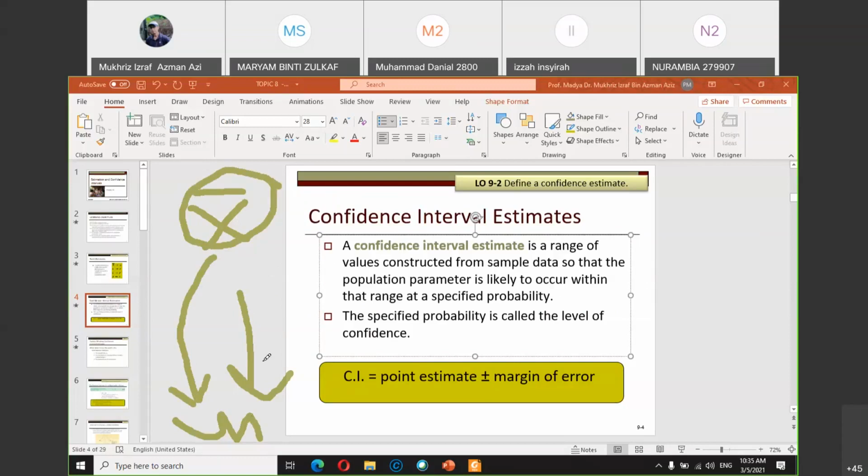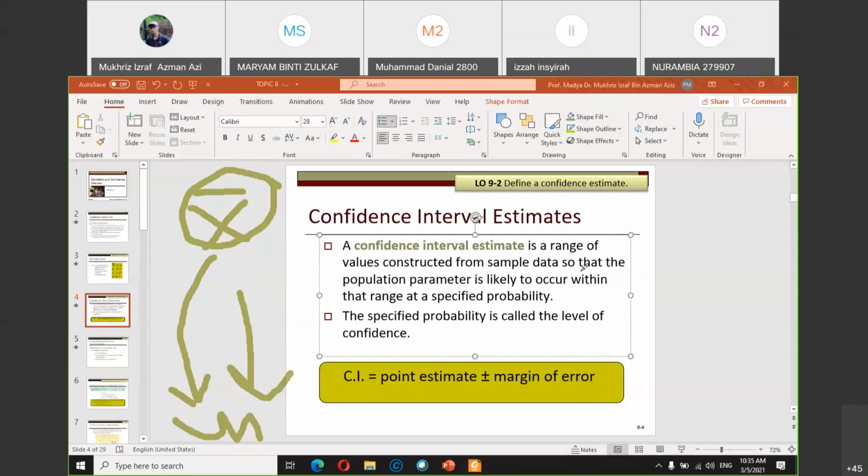Is it 90% or 95% or 99%? Usually in statistics, the word confidence means the degree of your confidence level in terms of the closeness, the accuracy, of the x bar to represent the mu.